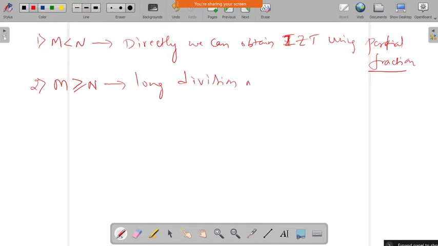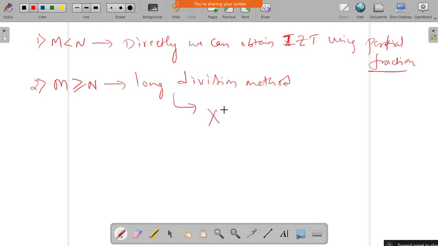We keep dividing the numerator by the denominator until the power of the numerator becomes less than the power of the denominator, so that we can obtain the inverse Z transform. That is what we call the long division method.